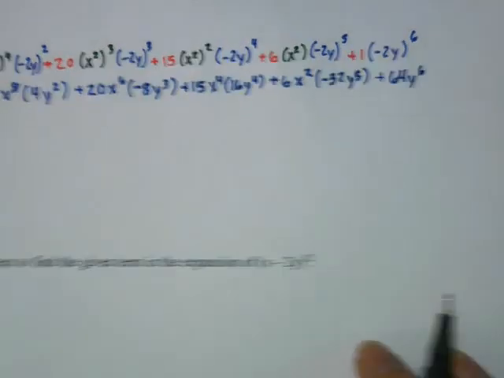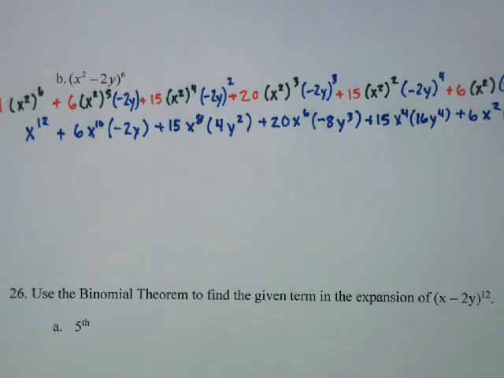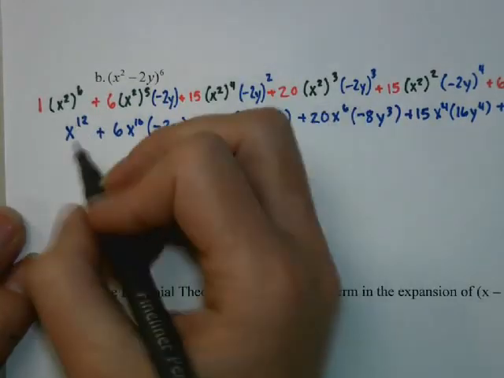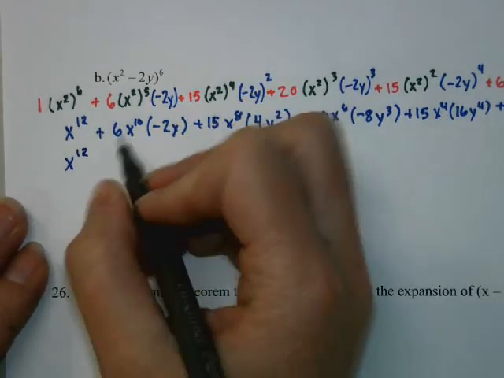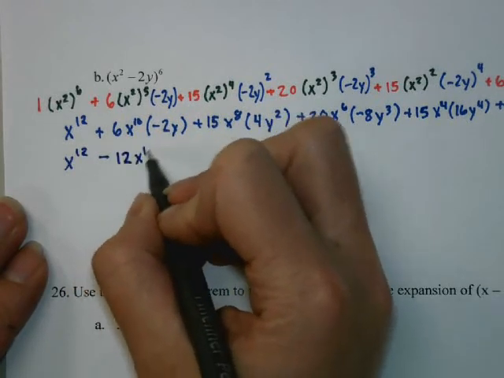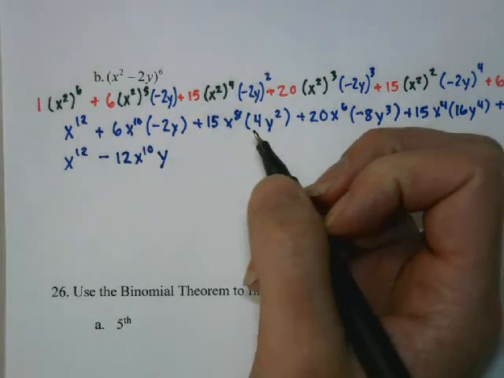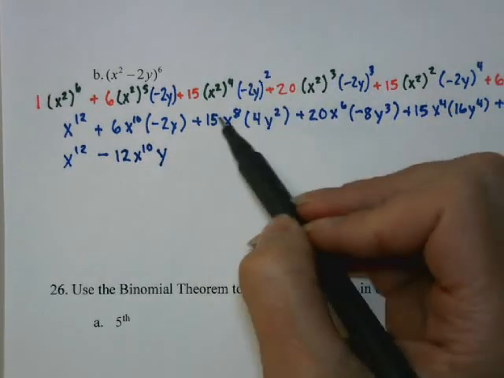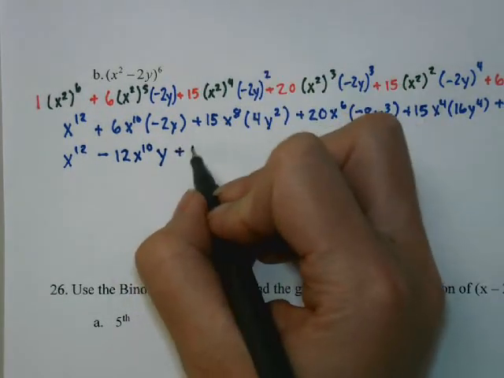The last step then is going to be to multiply the constants together. So we'll have x to the 12th minus, negative 2 times 6 is 12. Okay, our next one, we've got 4 times 15, which is going to be 60.